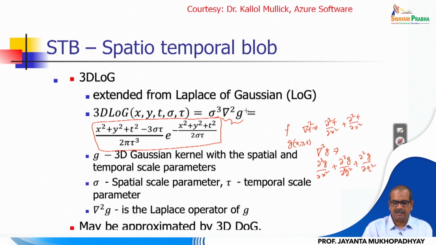So this is what is the Laplacian. Actually, it should be here sigma square tau, because you have two variables here. This should also be sigma square tau.